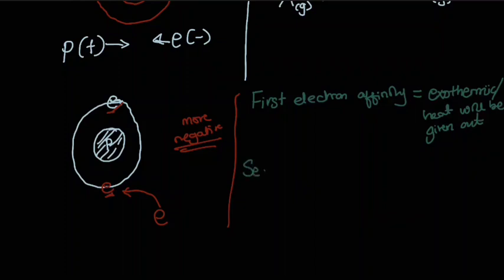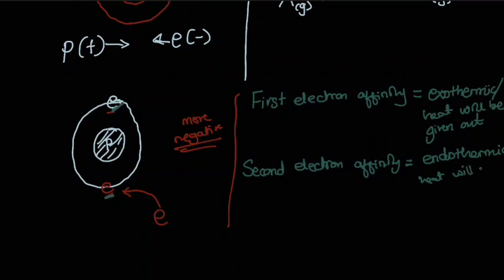However, second electron affinity will be endothermic. Why do you think it will be endothermic? Yes, because the incoming electron will be facing repulsion from the electrons already in the energy level. So you have to supply energy in the form of heat to overcome this repulsion. So it will be endothermic, and therefore heat will be absorbed. And this one's delta H will be positive.